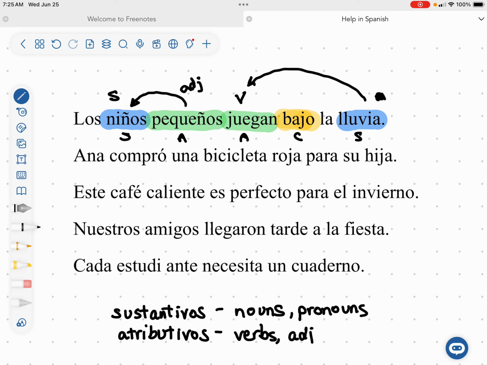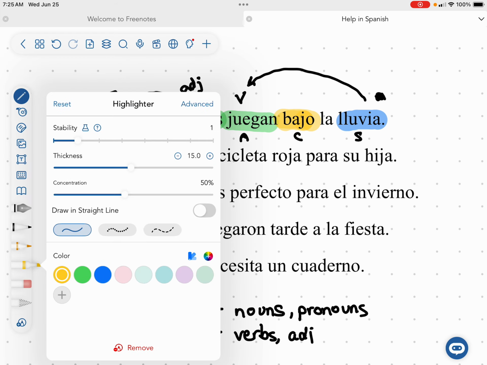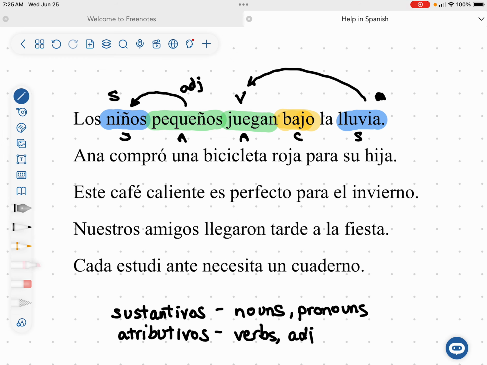And then lastly, we have words that point to the nouns, and these are our definitivos. We've got conectivos, and these are prepositions and conjunctions.